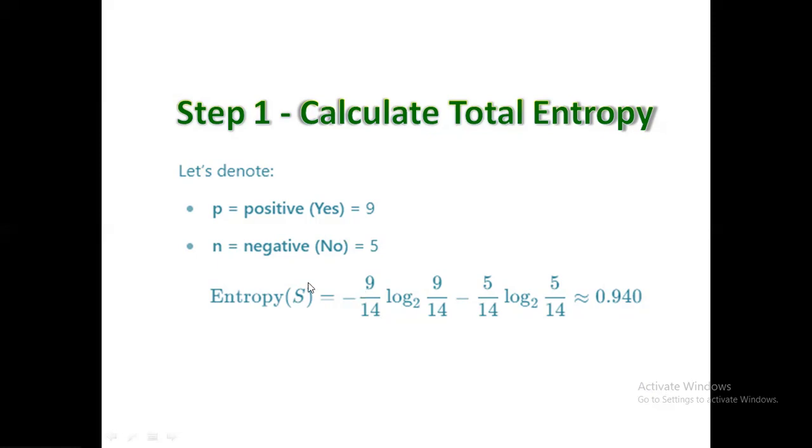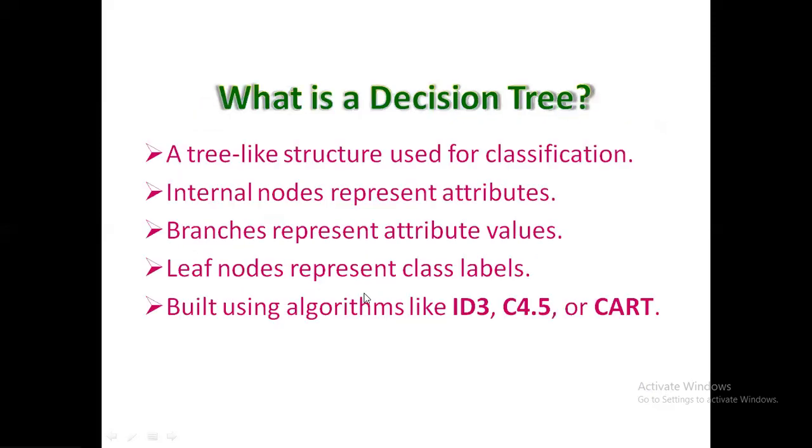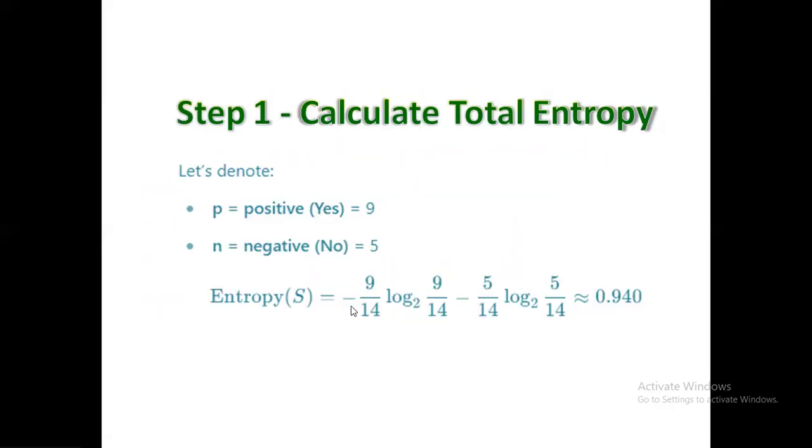Considering the formula, the summation of minus pi into log 2 pi, the entropy here is minus 9 by 14 log 2 of 9 by 14, minus 5 by 14 log 2 of 5 by 14. Calculating this value, we get approximately 0.940.